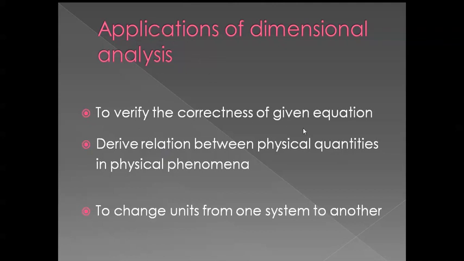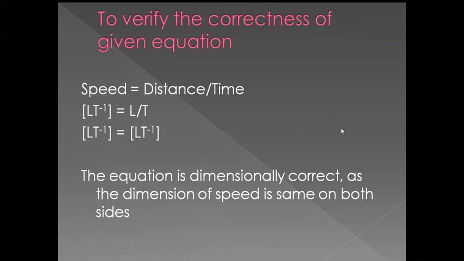First one, to verify the correctness of a given equation. Speed equals distance by time. The dimensional formula of speed is L t power minus 1, the dimensional formula of distance is L, and time is capital T. So L t power minus 1.